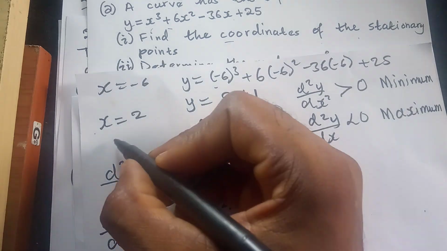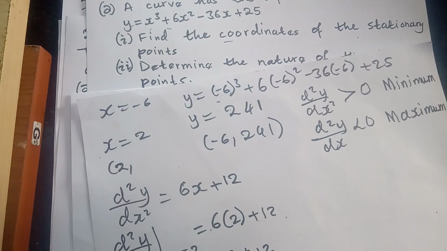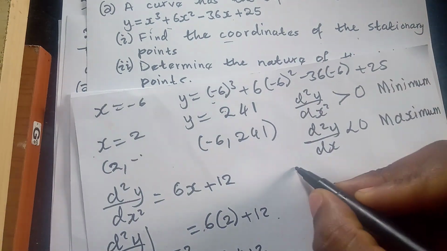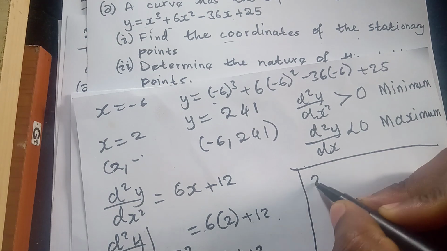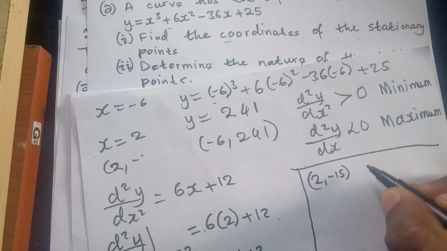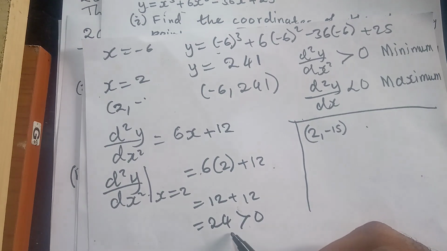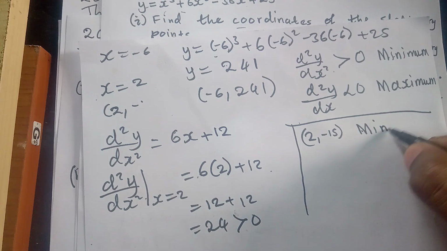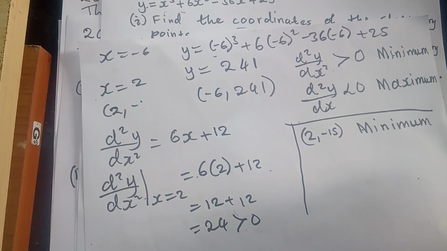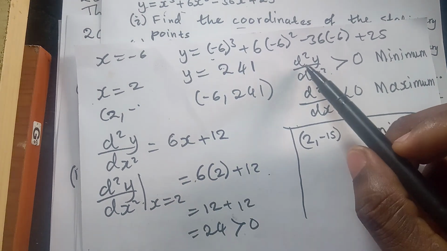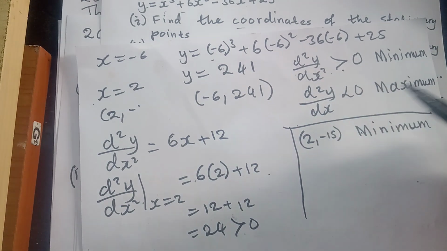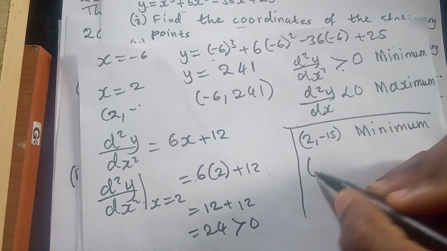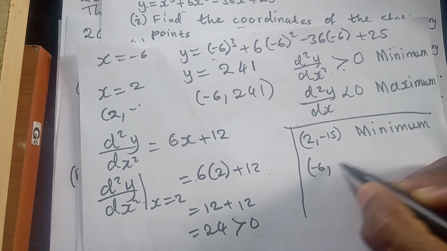So the point 2 comma negative 15, let me just write the conclusions here. 2 comma negative 15 is, since this is greater than 0, the minimum. Remember, this is the minimum. I know you expect greater than to be maximum and less than to be minimum, but it's quite the opposite here. And we have an explanation for that.